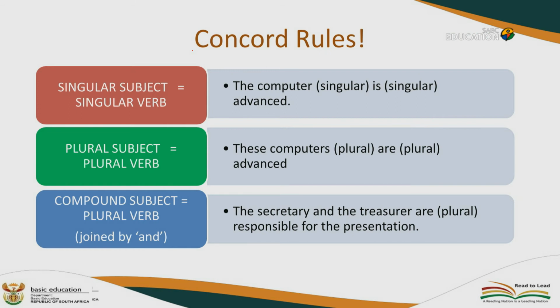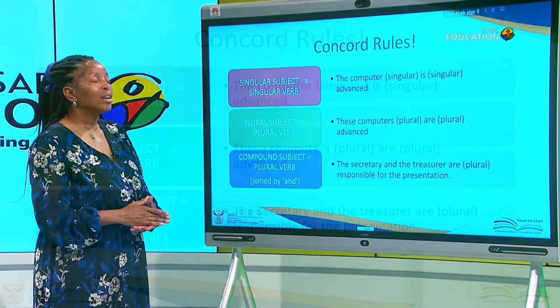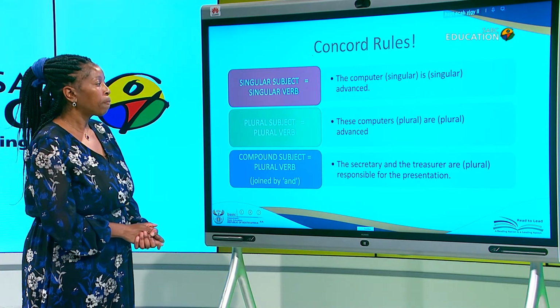Here are many concord rules that you must always apply. The first one, if you have a singular subject, which we just did now, you must have a singular verb. So the computer, which is a singular subject, is, which is a modal or an auxiliary singular verb, advanced.